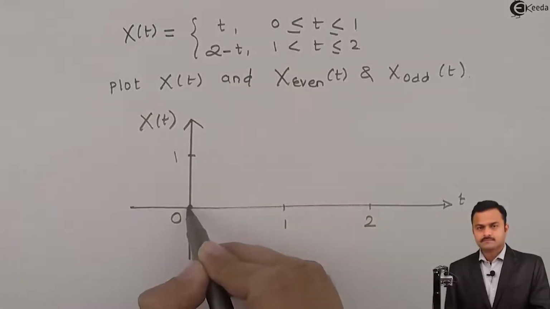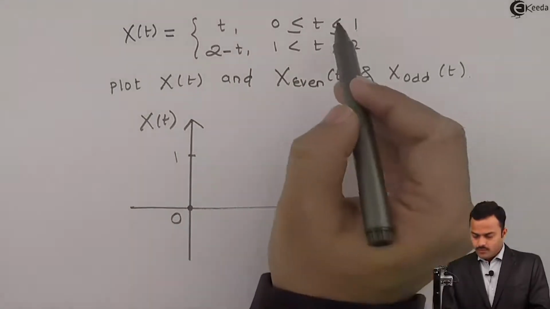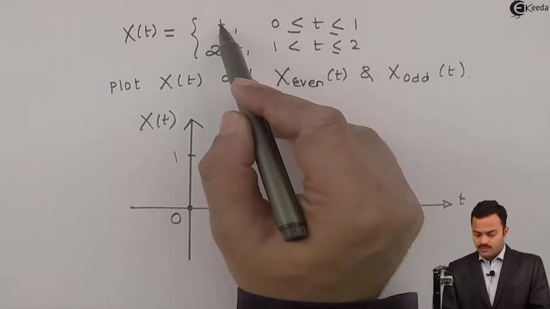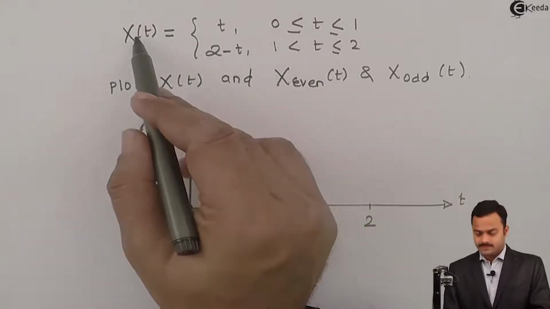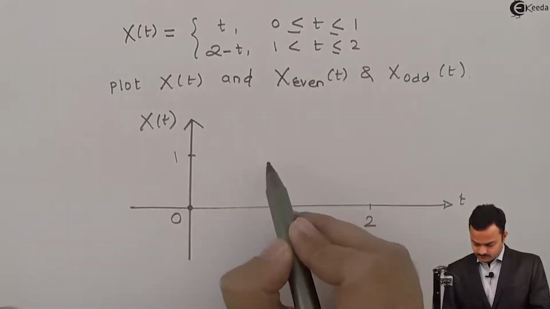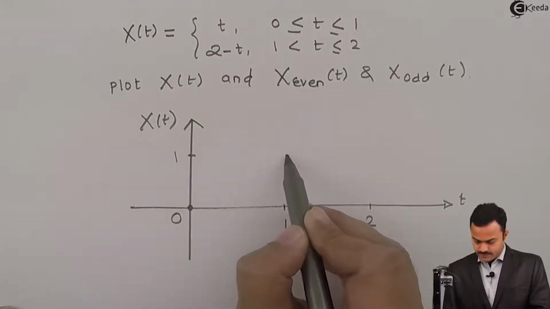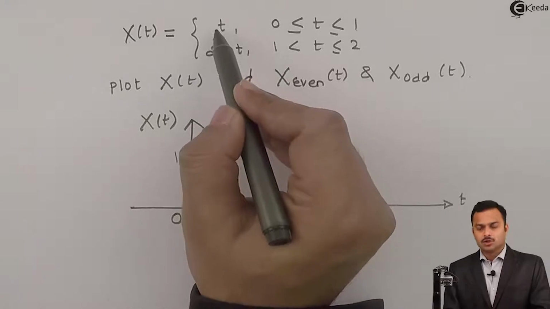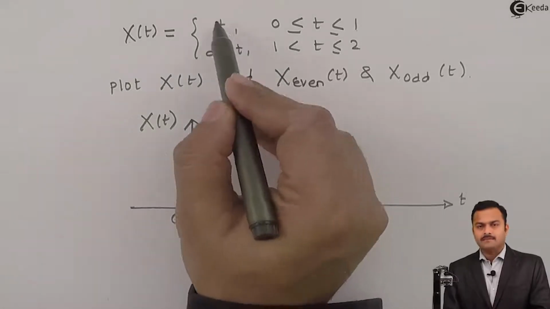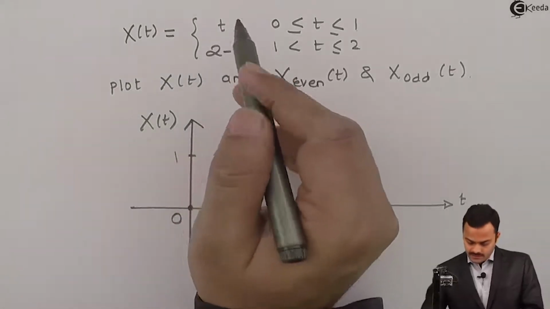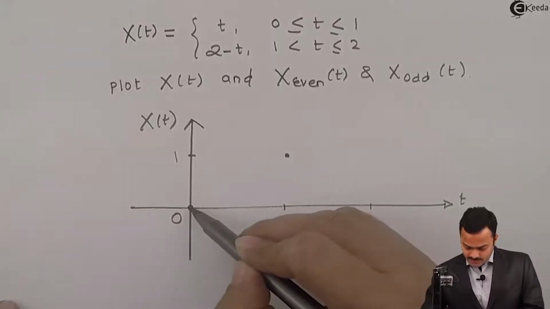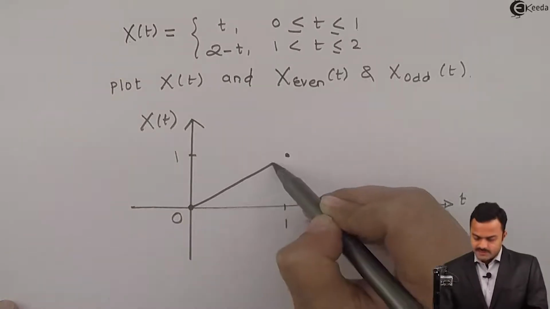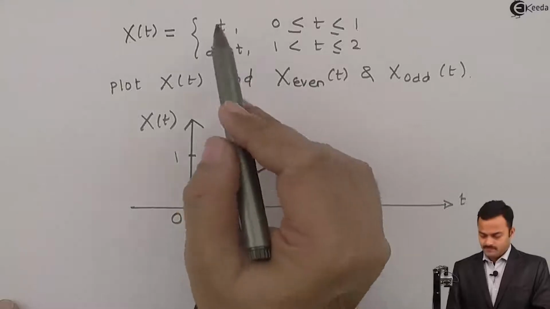This is the point. T equal to 1 over here, if I put, I will get x value as 1. This point. And we can see over here the slope of this particular ramp is 1, meaning I should get a straight line like this, because ultimately this is the equation of a straight line.